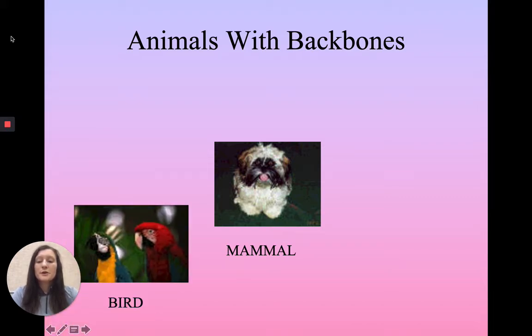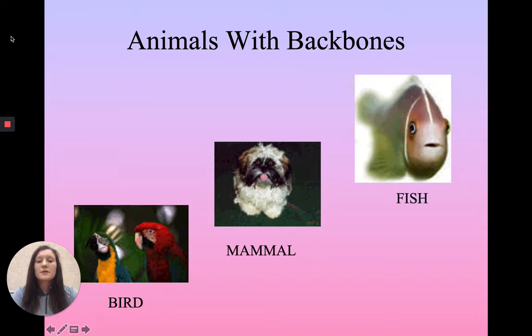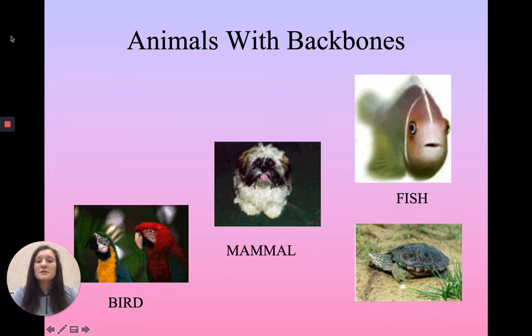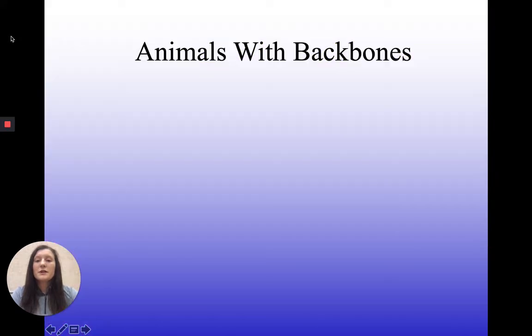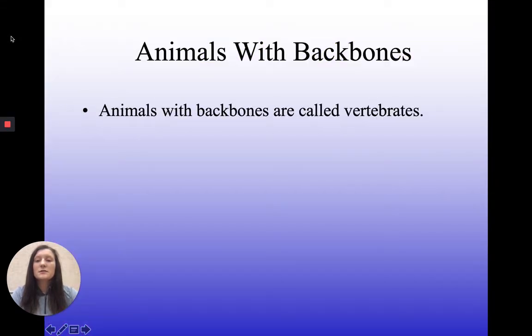We have birds, we have fish, we have reptiles, and we have amphibians. All animals that are in any of these 5 classifications are going to have a backbone or a spine to them.